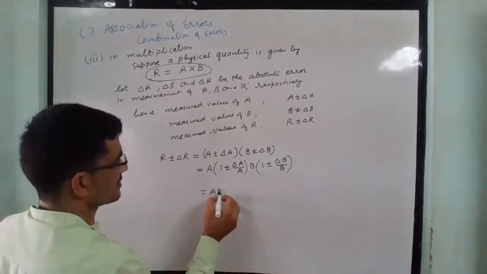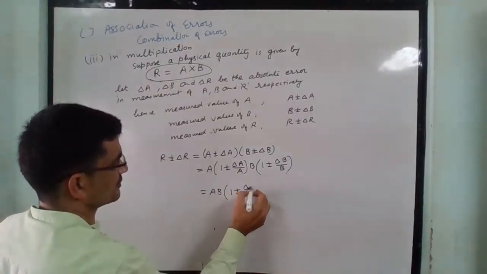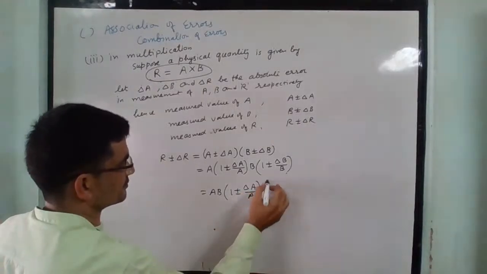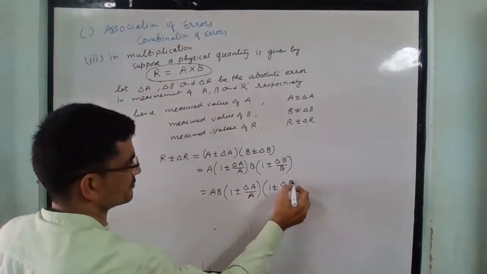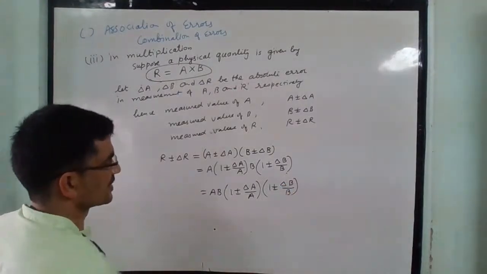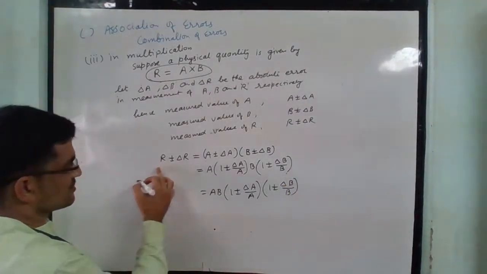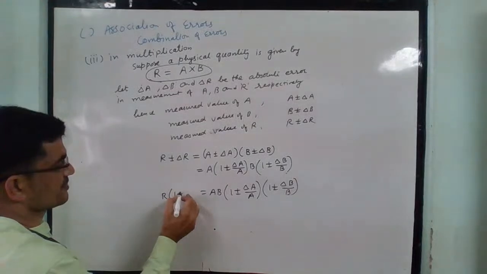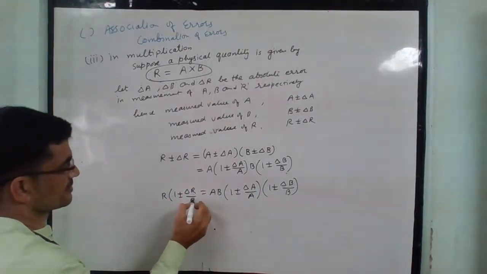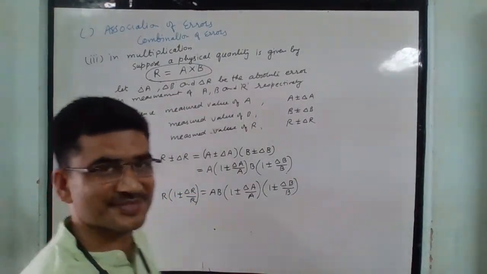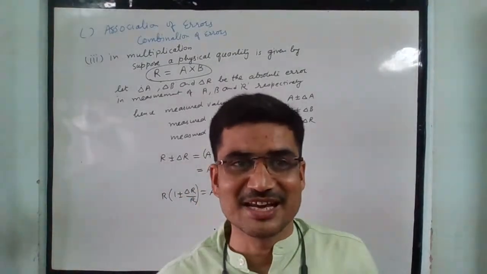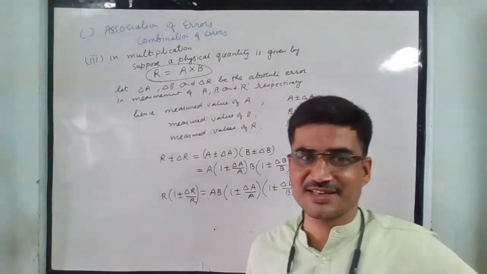We got AB. And here also we can take common R. We'll get like this. Clear up to here?